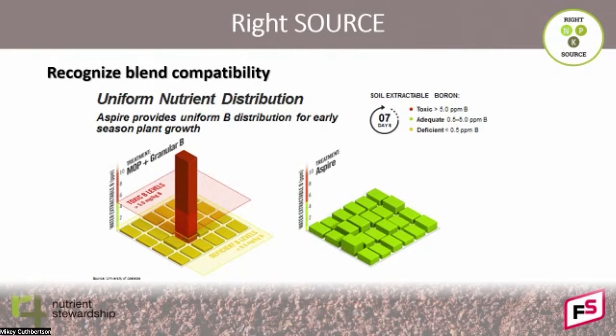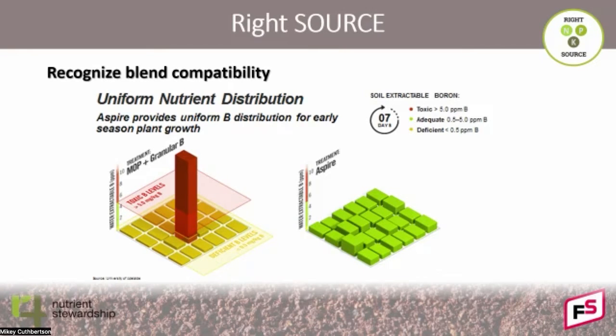If it's applied in too large of an amount, we can see here in this diagram on the left that one boron granule was applied where that red bar is, and those bars are all representing plants. If there's too much boron, it can actually be toxic to those plants.